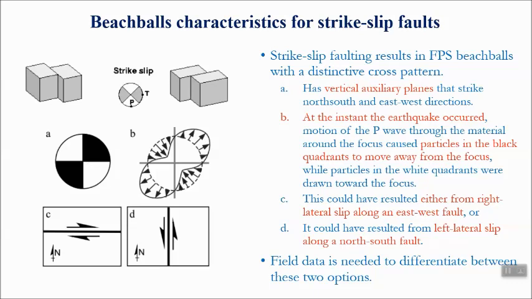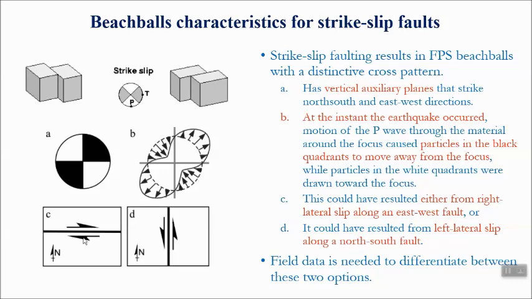Now from this beach ball diagram, we can also understand the sense of movement. One easy way to understand it is that the movement will occur from the white quadrant to the black quadrant. So if this is our fault plane, the arrows will be pointing in this direction. The top arrow will be pointing in the right-hand direction.